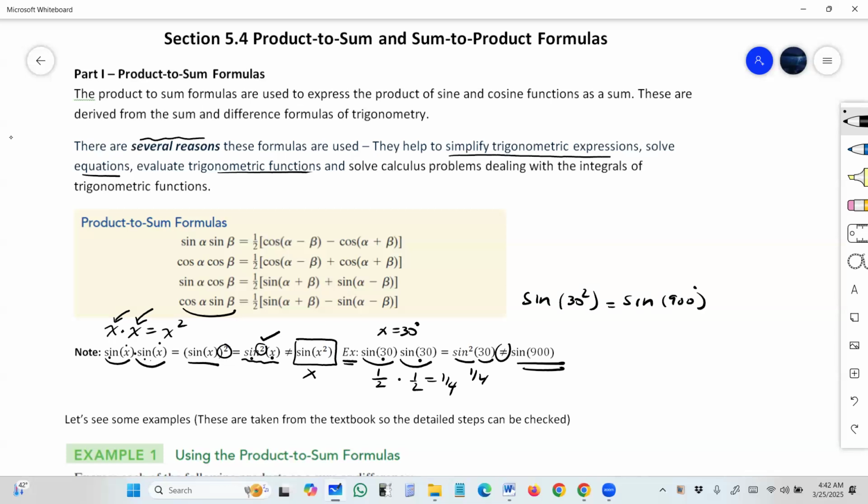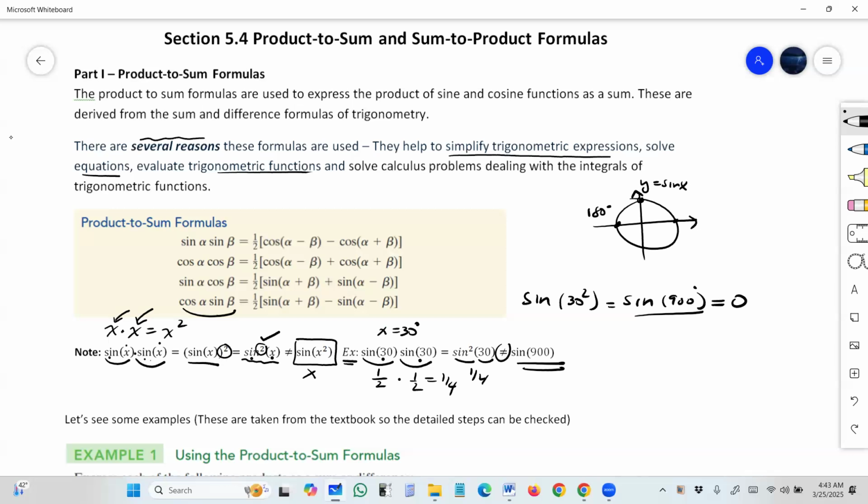If you do this on the calculator to find sine 900, you're going to find that this answer is 0. Now, why is that 0? I'll show you on the calculator in a second. Here is the y-axis, right? Here's 180 degrees, so 0 degrees, 90 degrees, 180.